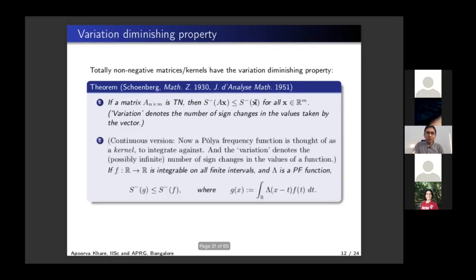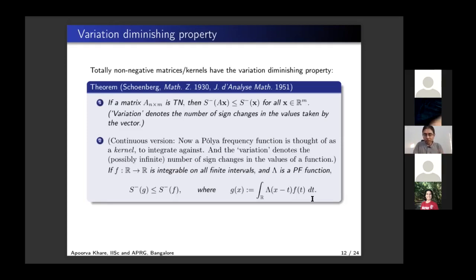For kernels, now you think of a Polya frequency function as a kernel against which to integrate, and the variation denotes the number of sign changes again in the values of the function over the interval of integration. Now here is the property that Schoenberg proved. If f is integrable on all finite intervals and lambda is any Polya frequency function, then the number of sign changes in the input beats that in the output, where the output is just literally this convolution. It's the kernel against which we integrate.